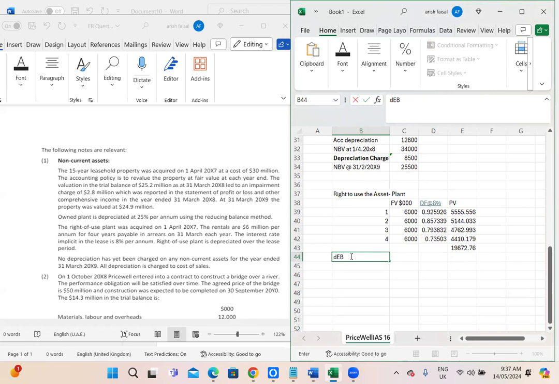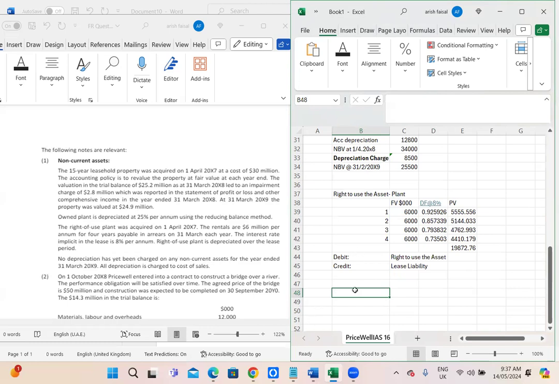Okay, so as you know, debit would be right to use the asset, and credit would be lease liability. Let's deal with the lease liability first, and then we can talk about your right to use the asset.